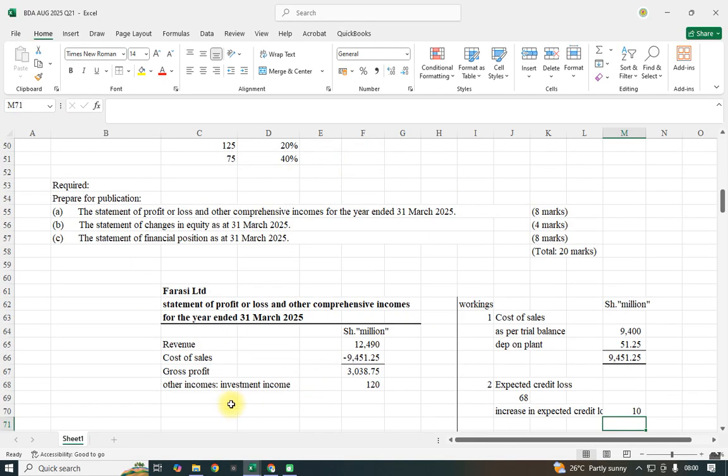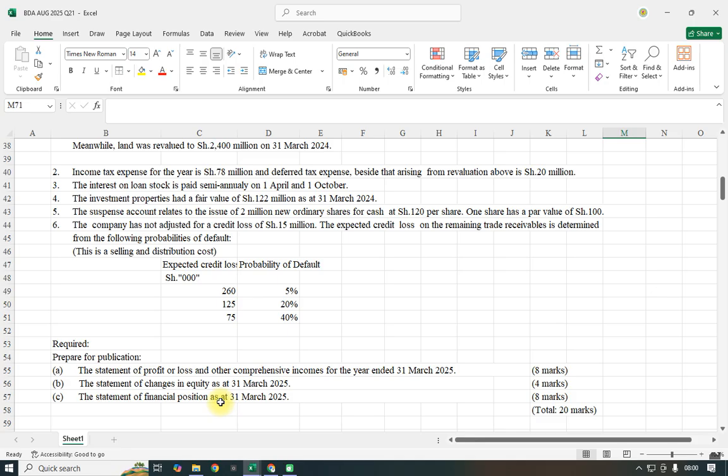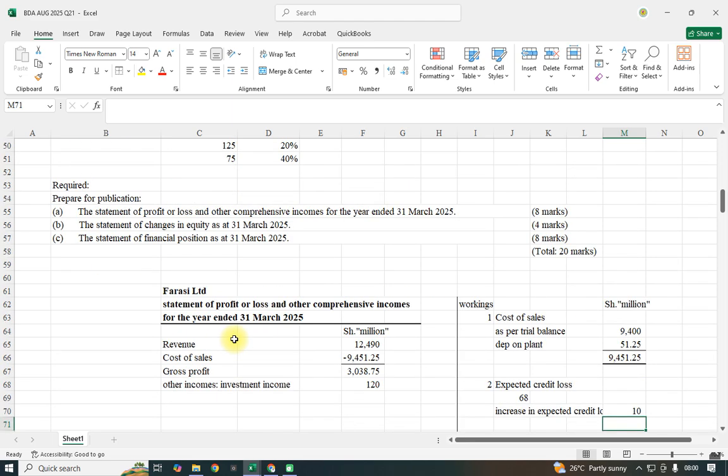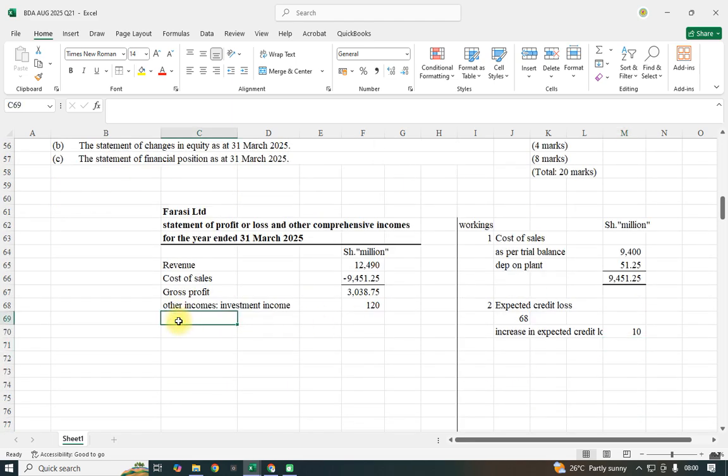An increase will be an expense, and so this will be under the selling and distribution cost. So here we shall have the total income.